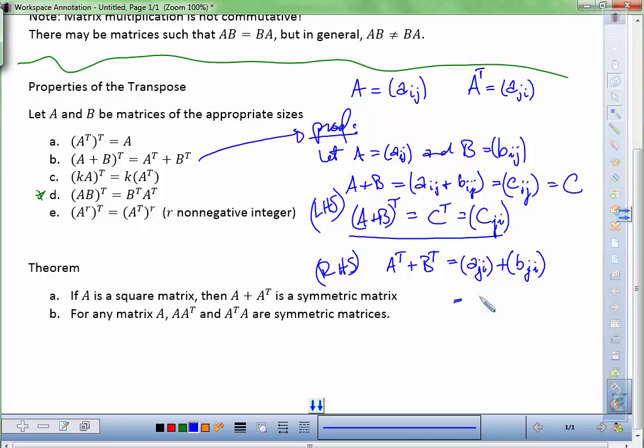So this is equal to A sub ji plus B sub ji, which is, I think, what we called C sub ji.